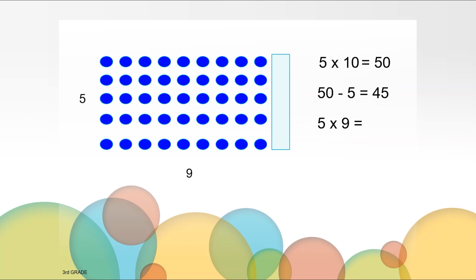If we know that 5 times 10 is 50, then we can figure out 5 times 9 by removing one group of 5. 50 take away one group of 5 is 45. Therefore, 5 times 9 is 45.